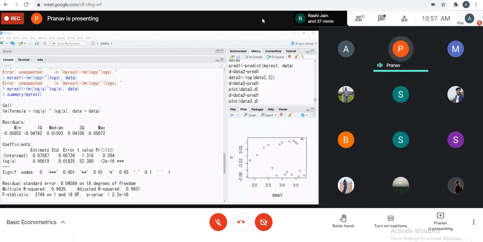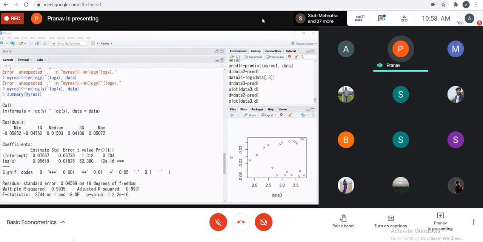So just check whether the residuals that you have obtained for the regression equation have a mean zero or not. It must have a constant variance if it is a homoscedastic error term. If it does not have a constant variance, it means that errors do not have the constant variance.